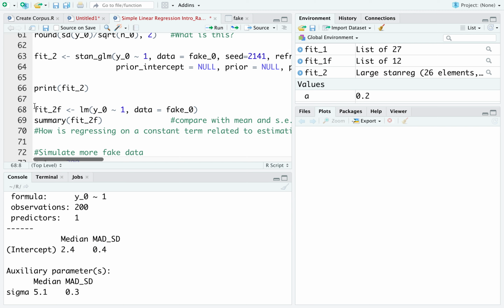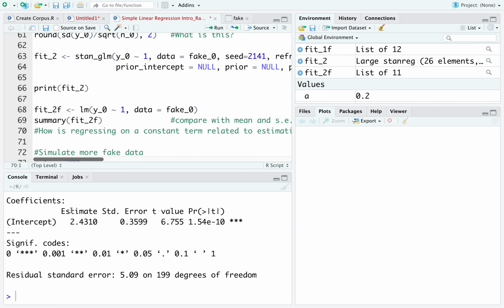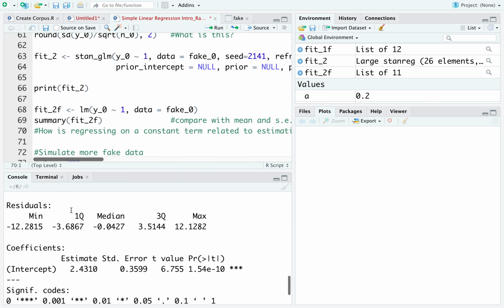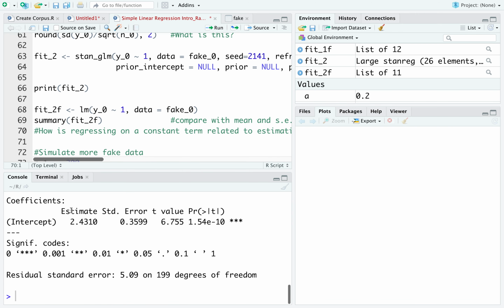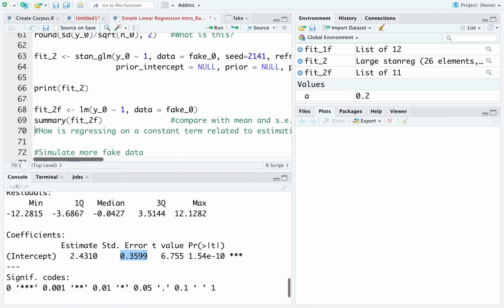Let's actually do, just for familiarity for some folks who have worked in R before, the output using the standard frequentist linear model. Let's do that as well. And what do we get out? Here it is, coefficients, only one coefficient, the intercept, 2.43, a standard error of 0.36, right?